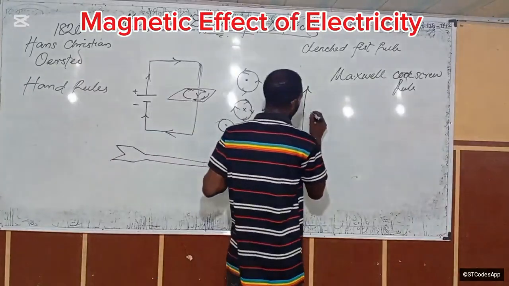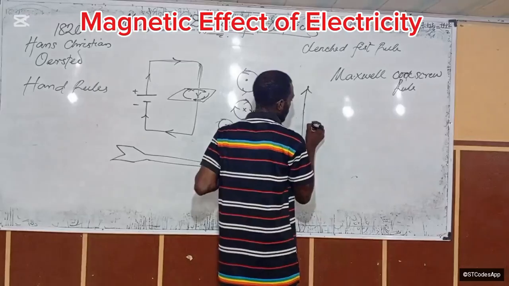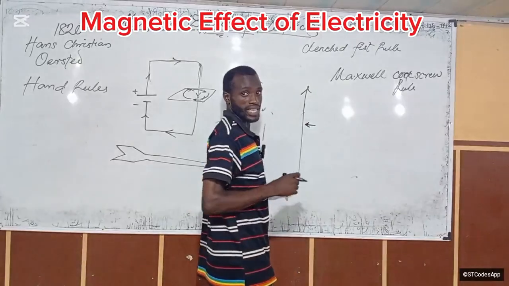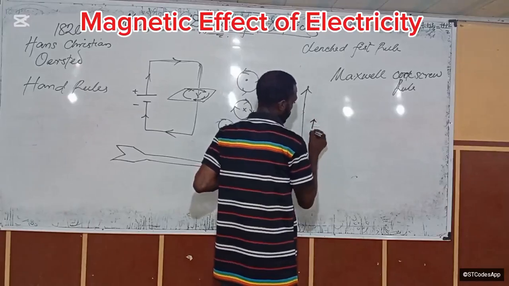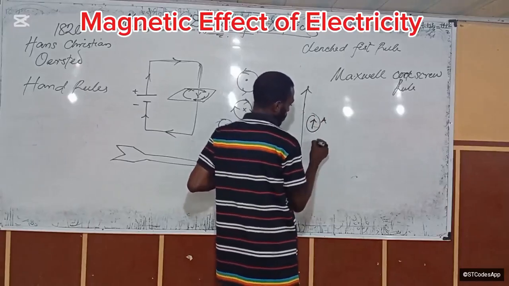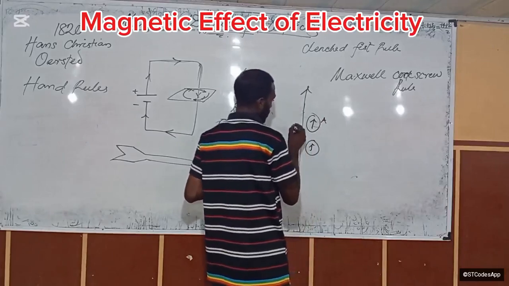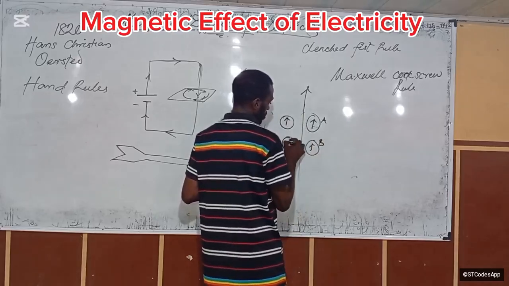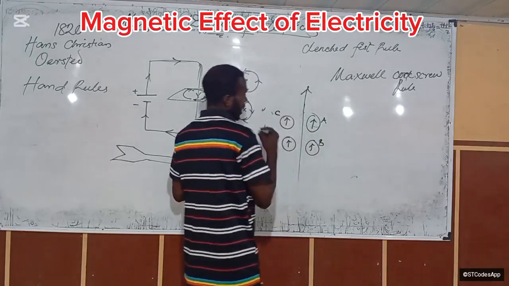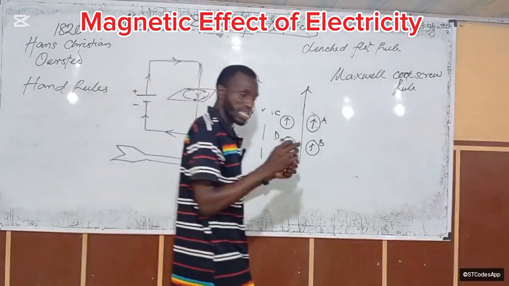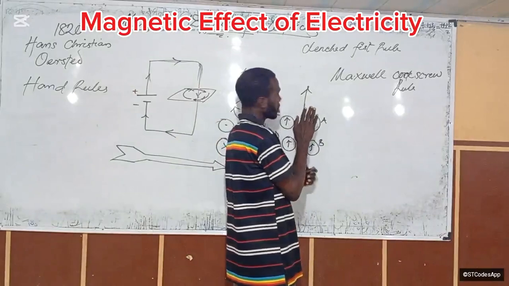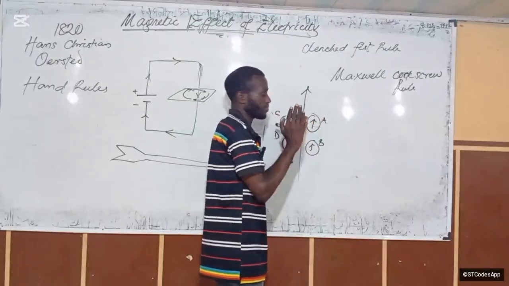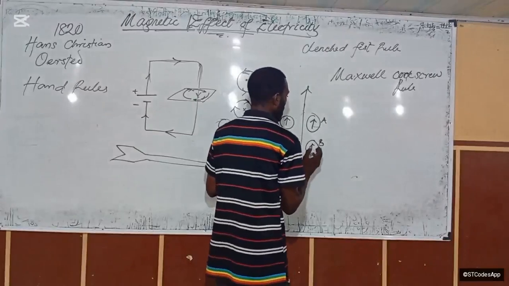I now show you the first compass, compass A like this. Let everything face up. Compass A, compass B, compass C, compass D. Think of compass A as being on top, compass C at the back of the wire, and compass A at the front of the wire, while compass D and compass B are on the sides.